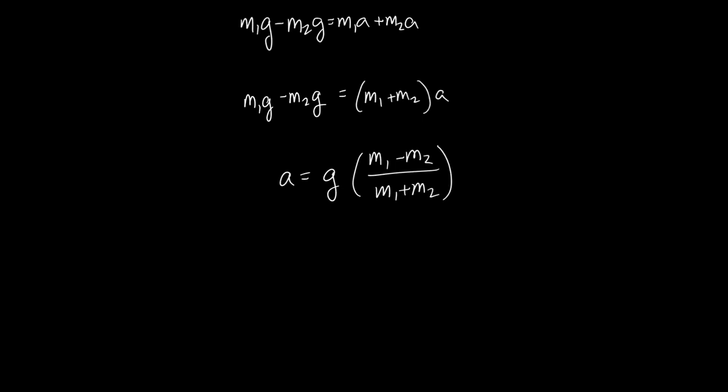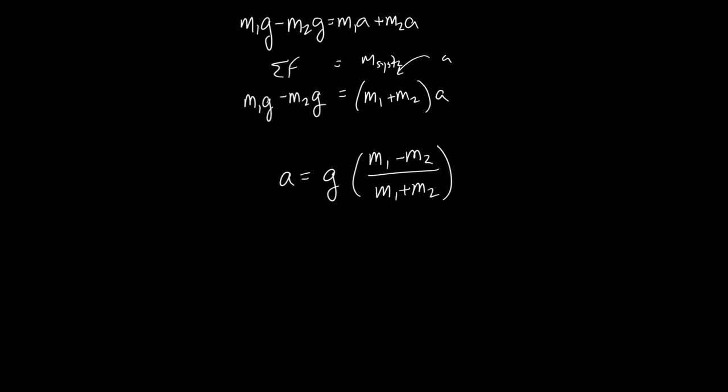Now, the reason why I want to write it like this is not because I think this is a better way of writing your answer. In fact, I want to point out that when you were here, you had net force equals mass of system times A. That always has to show up. There will always be a part in these multi-body problems where the mass of the system, the sum of all the masses, is going to show up.